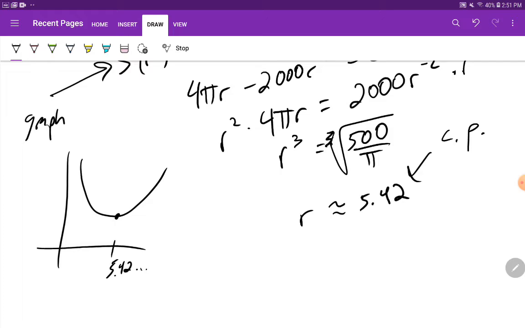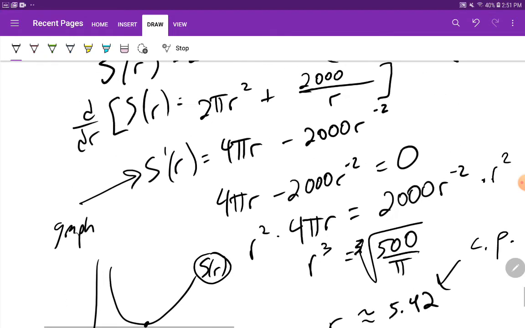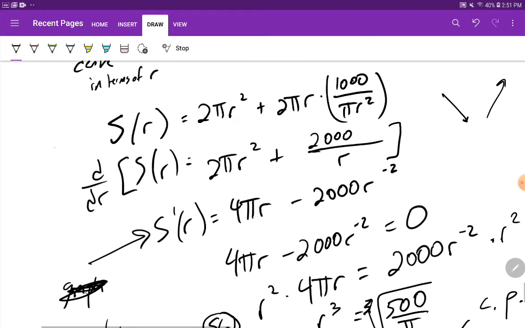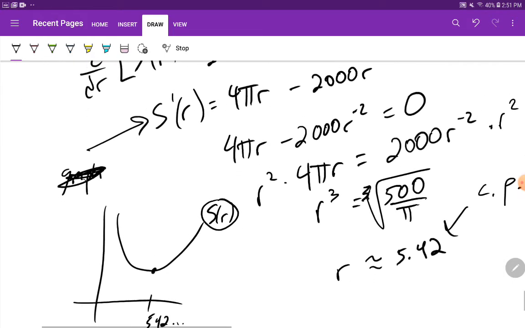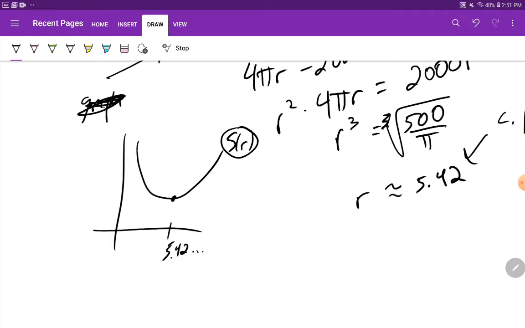Oh wait, no. I'm sorry. On the original function, the slope goes from negative to positive at 5.42. So not this one, this one. If you graph S of r into your function, you're going to get something that looks like this. It's not perfect, but you see that the slopes are going from negative to positive, which confirms that this is indeed a minimum.